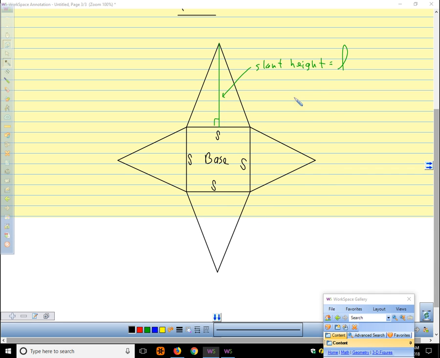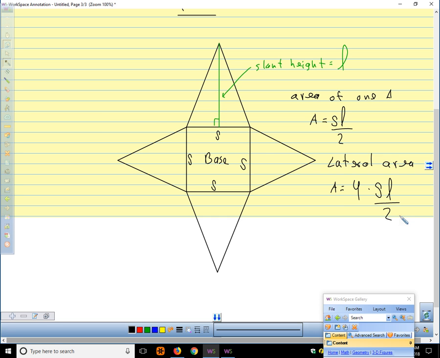Well, the area of one triangle is the base, S, times the height, L, divided by 2. The lateral area, so the area of all the triangles, well, we have 4 of those. 4 times S times L divided by 2.